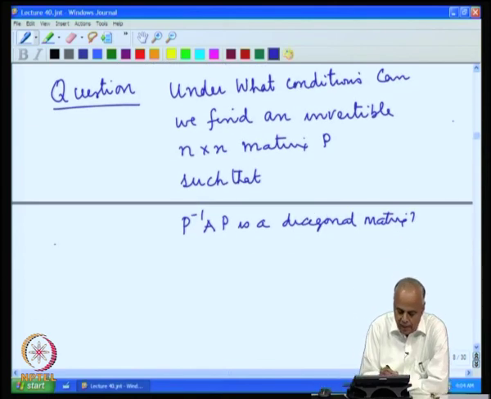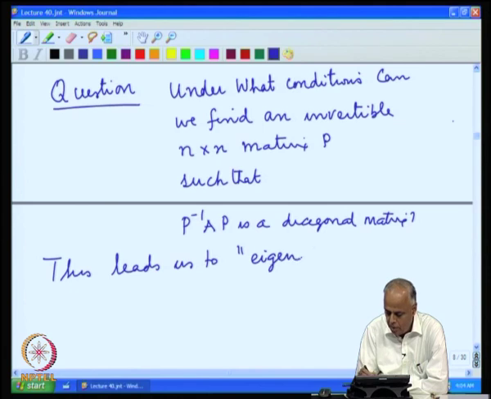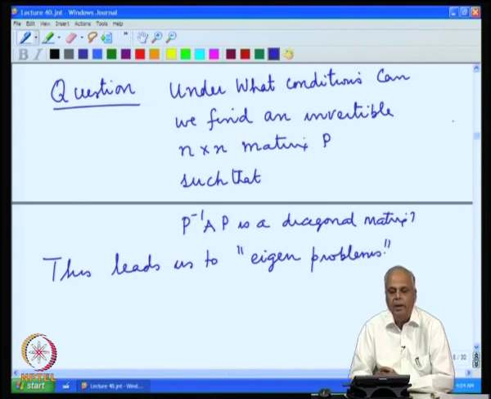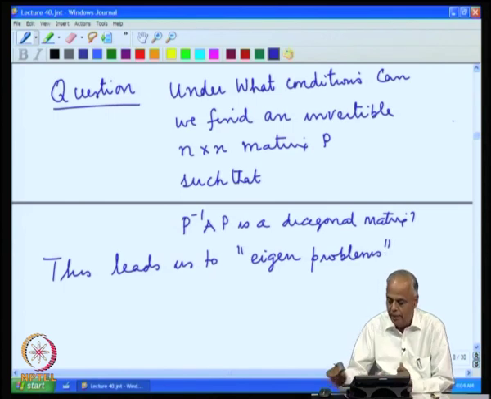Then this leads us to the eigenproblems. We found this is connected with the notion of eigenvalues and eigenvectors.